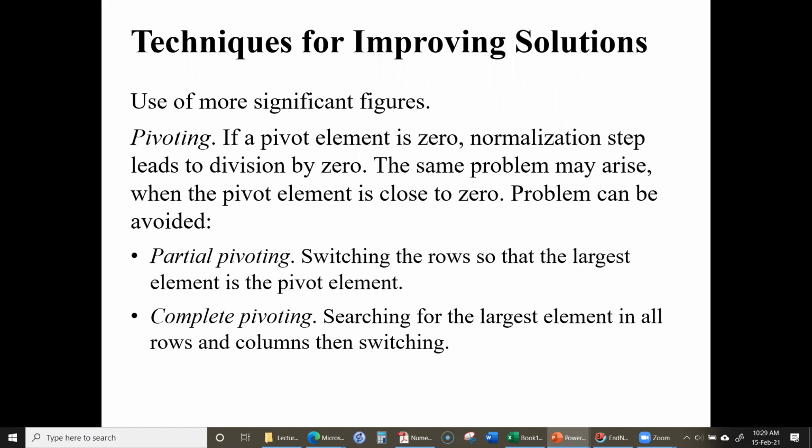Okay, so we have seen some of these pitfalls. So how can we remove those pitfalls? One of the methods for improving these techniques or the solutions is to use the pivoting method.